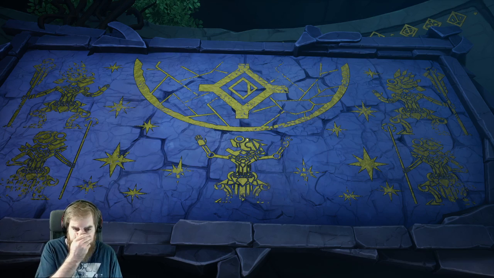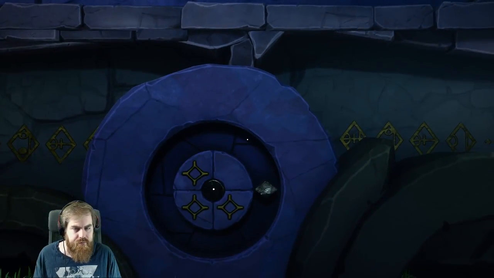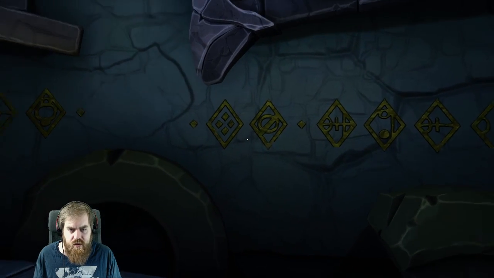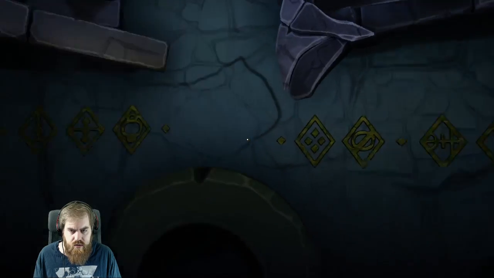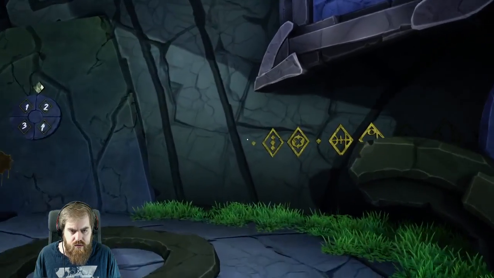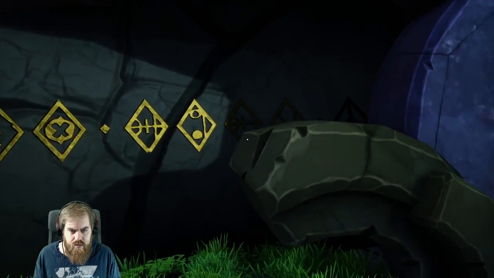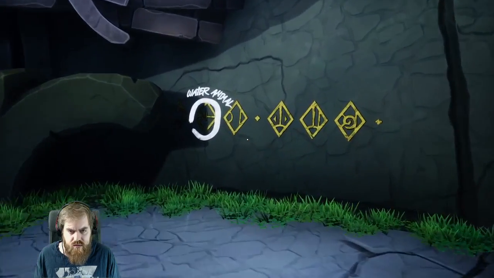I think the clue is just to let us know what the symbol was supposed to be. Are these symbols the same everywhere? Not quite.